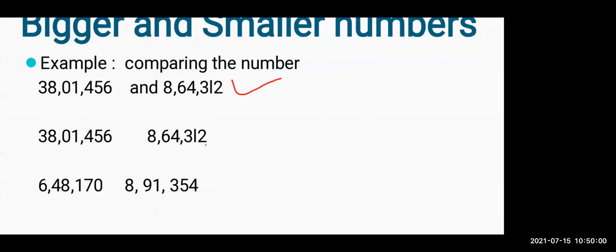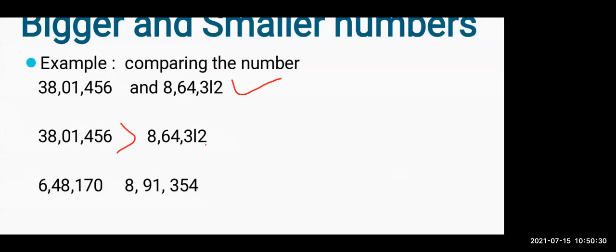Now while comparing these two numbers, what are you getting? Which number is bigger? Let me know. 38 lakh is bigger or 8 lakh is bigger? Very good. 38 lakh. So the crocodile mouth should be open in front of the bigger one.